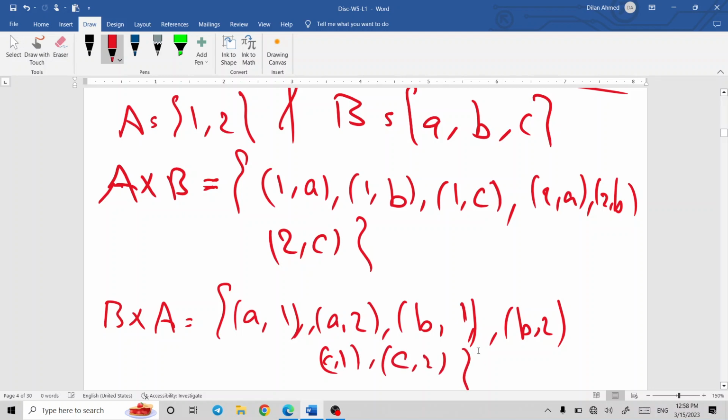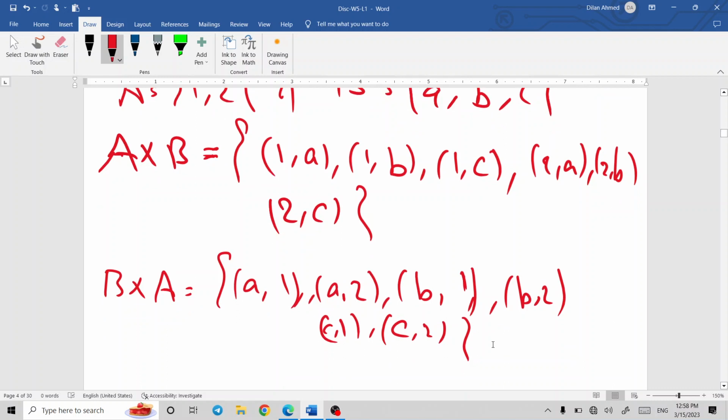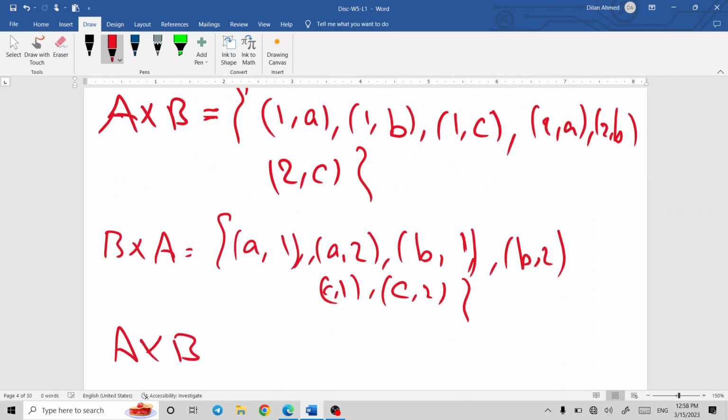And you can see A cross B is not equal to B cross A, because the location will change. The cross is something else, not just multiplication. So we can say cross is not commutative, or not symmetric. Clear, dears?